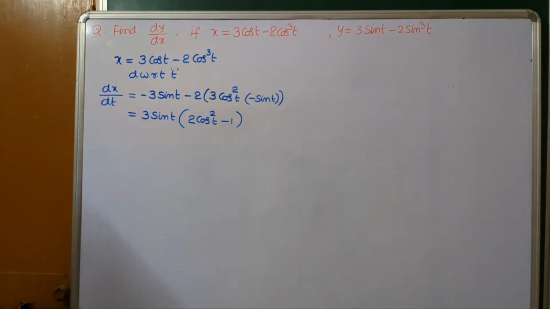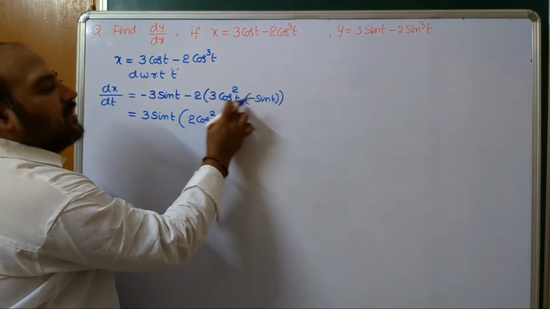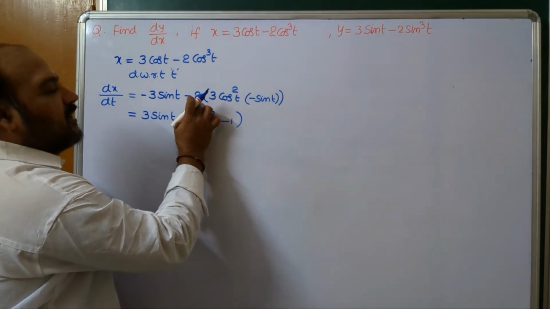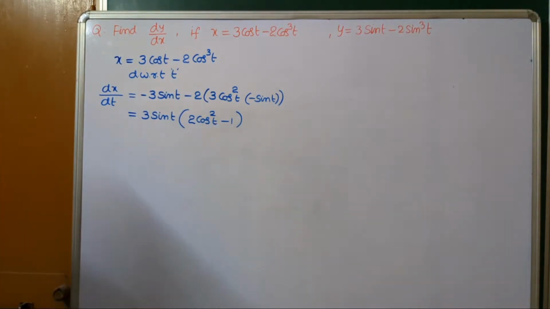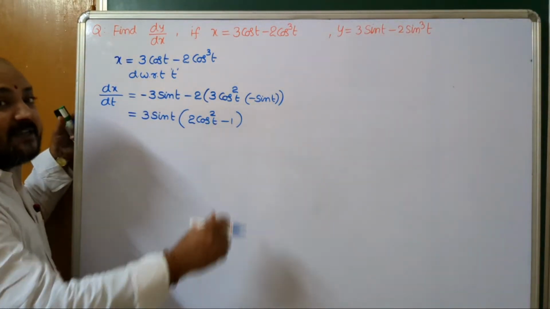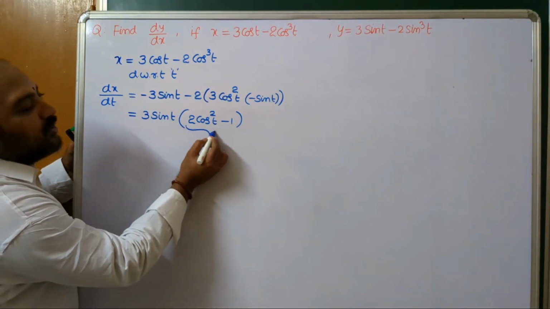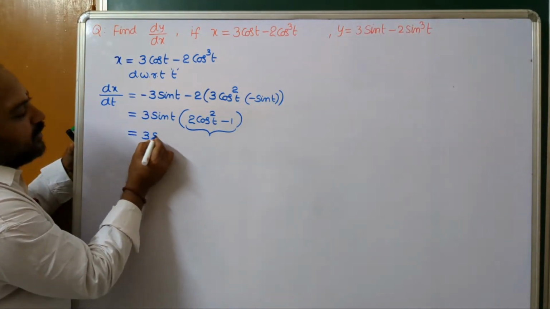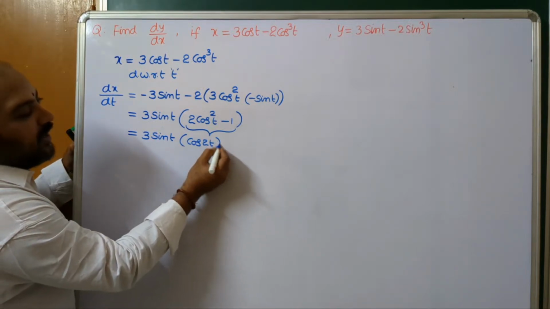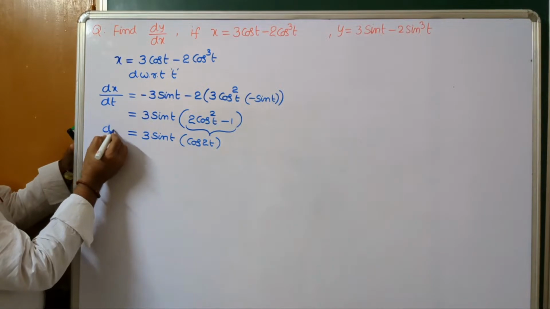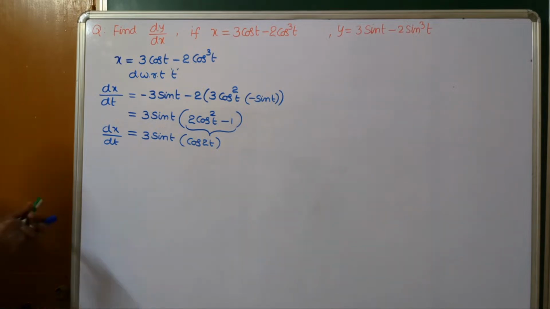Are you getting it, all of you? 2 cos square t minus 1 is equal to cos 2t, this value. So 3 into sin t into cos 2t. Cos 2t in terms of cos formula, dear students. So the dx by dt value we got, completed.